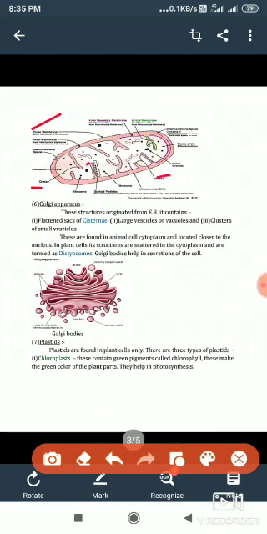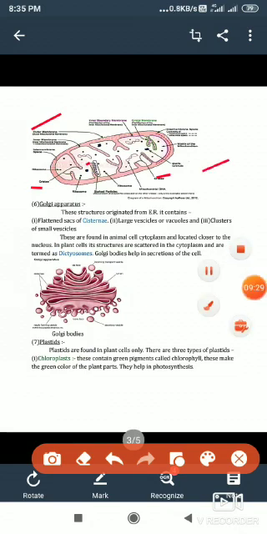Here also labeled as cristae. Inside that there are a few ribosomes also present in the mitochondria, and the inner boundary is forming these cristae. Look at that. So this is the diagram of mitochondria.